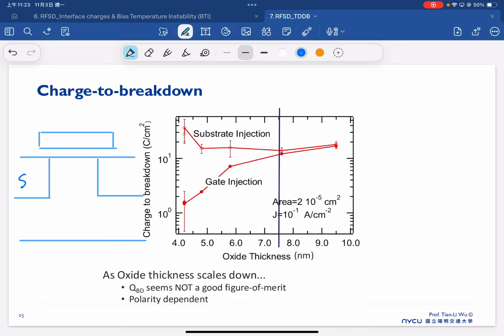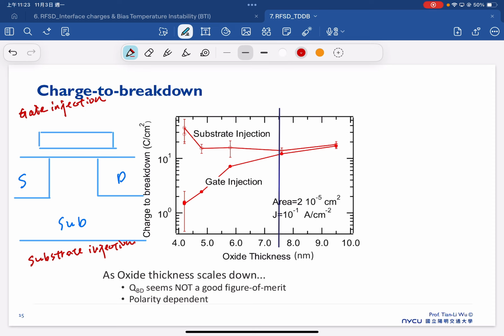Then they do the charge to breakdown evaluation from the gate side, which we call gate injection. But if we stress from the substrate side, that's what we call substrate injection.